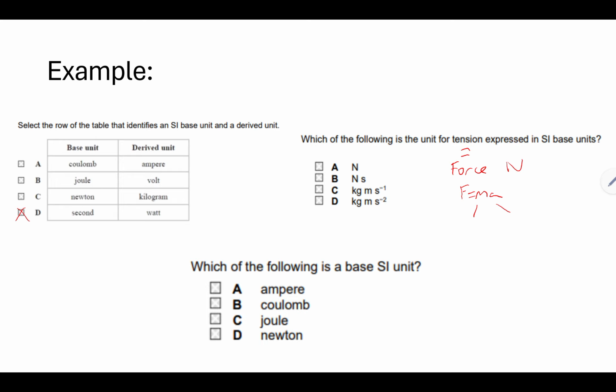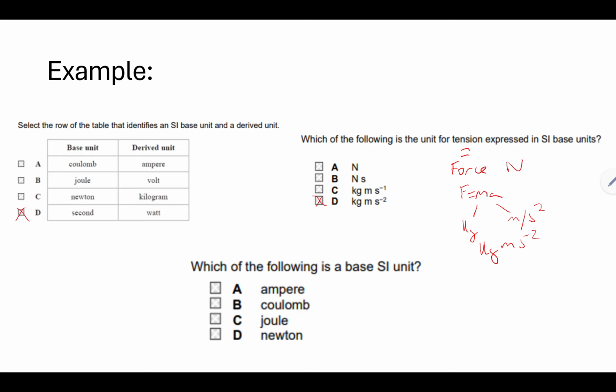So mass is measured in kilograms and acceleration is measured in meters per second squared. So if we put them together, we get kilograms, meters, seconds to the power minus 2, and which one over here does it match? It matches D. And we know this is correct due to the fact that kilograms, meters, and seconds are SI units.